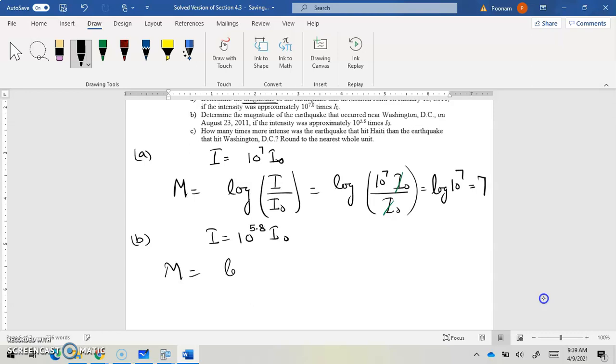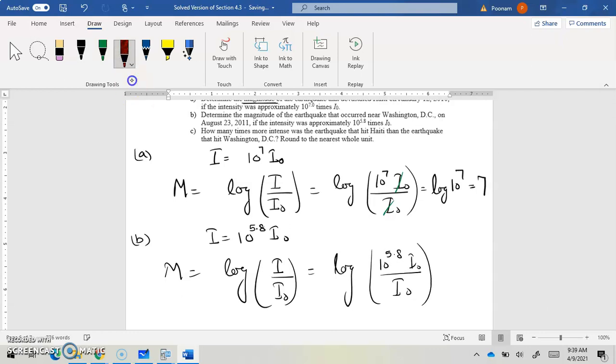So m would be log of I divided by I naught, log of 10 raised to the power 5.8 times I naught divided by I naught. This will be cancelled. So we have log of 10 raised to the power 5.8. This is common log, so log base 10 and 10 would cancel and we will be left with 5.8.